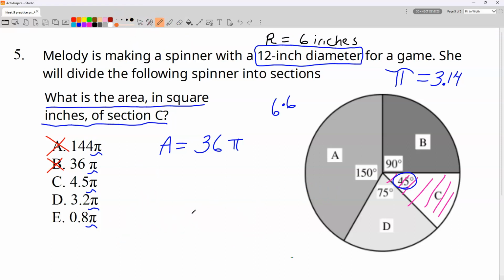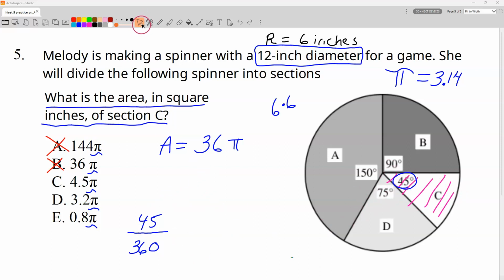And remember, ratio, I'm going to think of part over total. A full circle, the total part is 360 degrees. But I just want this piece, 45. So basically, the 45 out of 360 is the part of the area that I want.